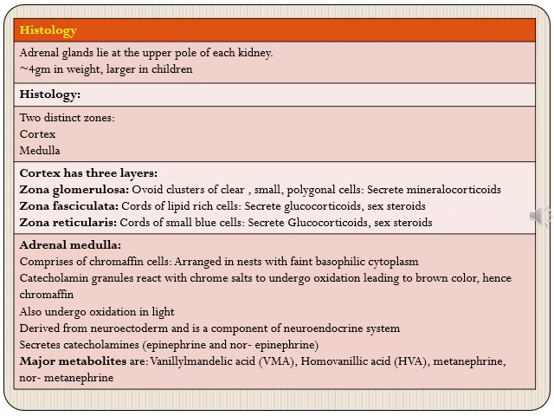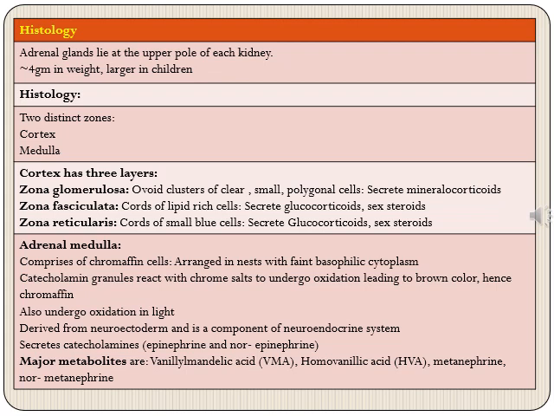Now, the cells of the medulla are derived from neuroectoderm and are a component of the neuroendocrine system. It secretes catecholamines, that is epinephrine and norepinephrine, and the major metabolites formed from these two hormones are vanillylmandelic acid, that is VMA, then homovanillic acid, and metanephrine and normetanephrine.